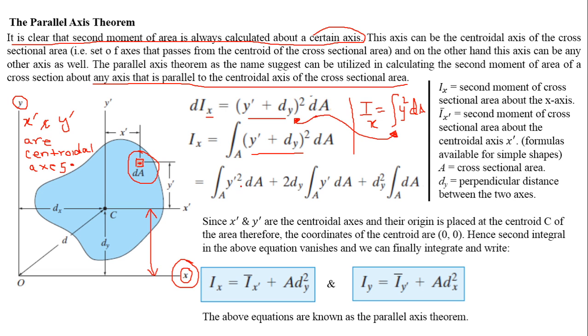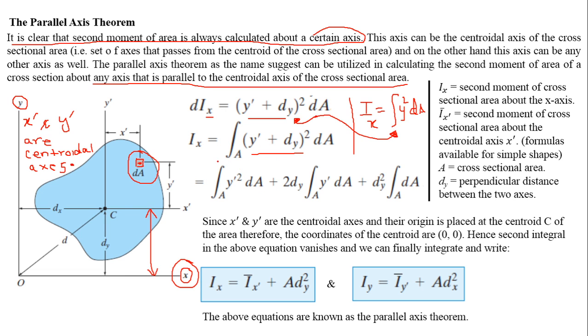So it will be a squared plus 2ab plus b squared, okay, and the integration sign will appear as it is with each and every member of this bracket.